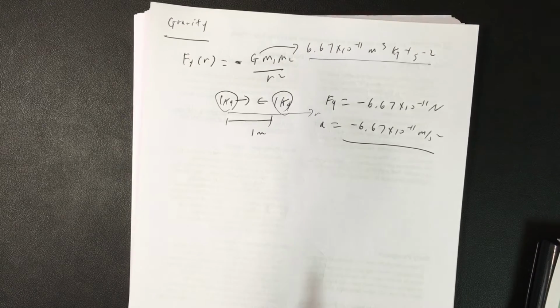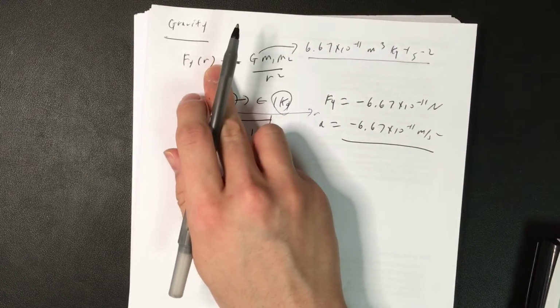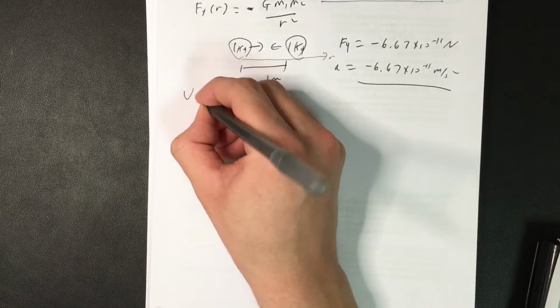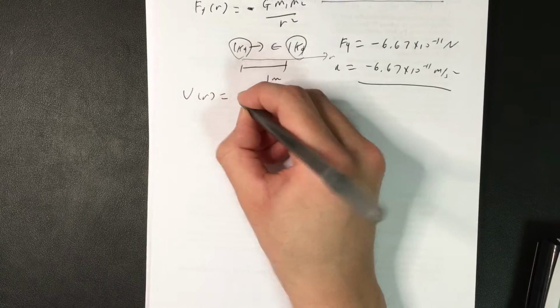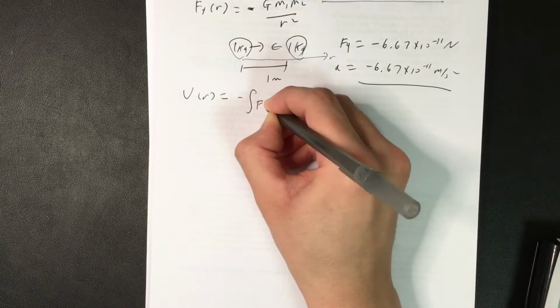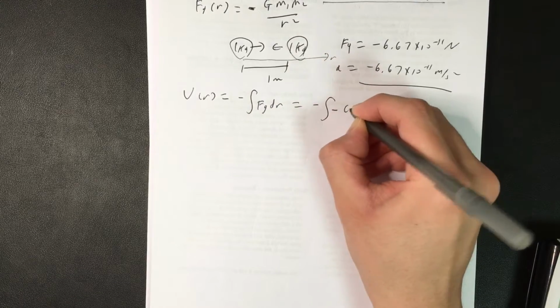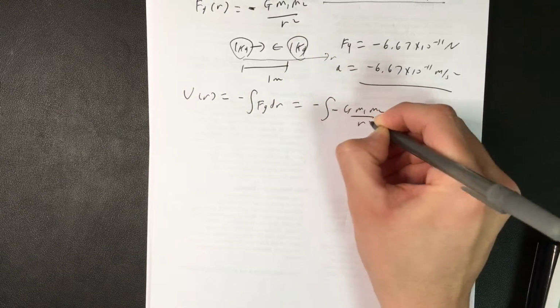Now, the force of gravity is conservative because it is a function of position. And the potential energy U of r equals negative the integral of the force of gravity dr, which is negative the integral of minus G m1 m2 over r squared.